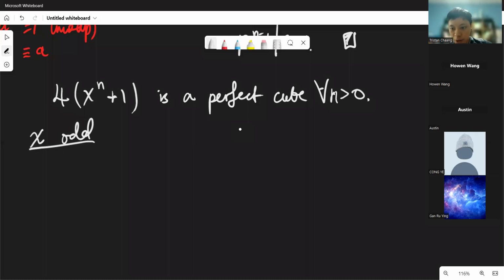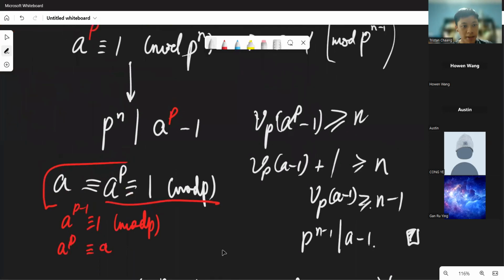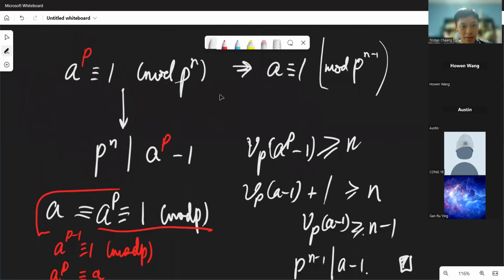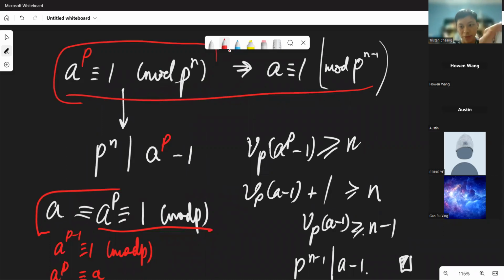For the previous question, why must a to the p be congruent to 1? A to the p is congruent to 1 by assumption. So what we want to prove is that if this were true, then the right hand side will follow. And this left hand side implies that a to the p is 1 mod p, because if it's divisible by p to the n, then it's divisible by p automatically.